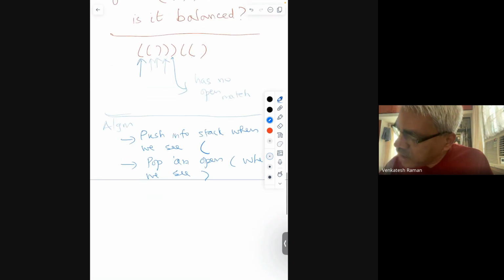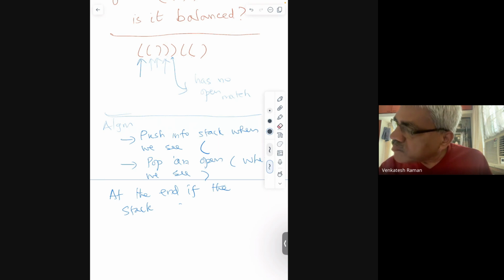At the end, if the stack has something, stack is non-empty, then not balanced.